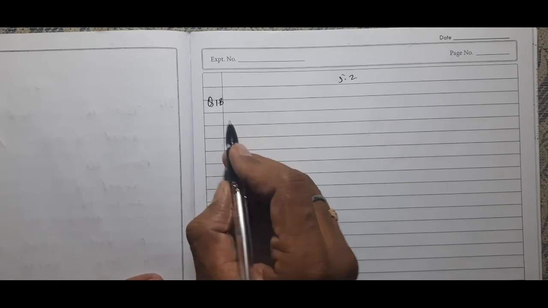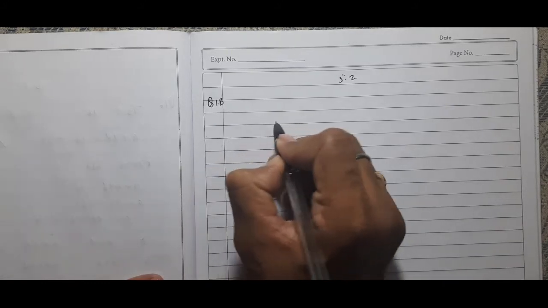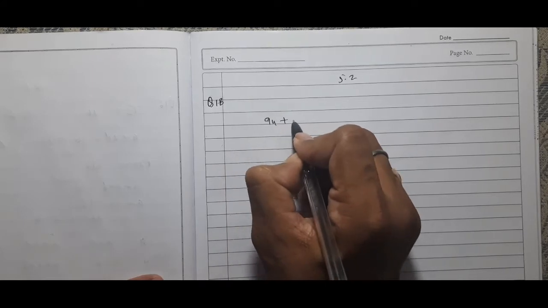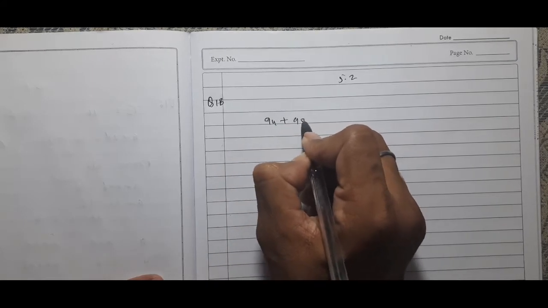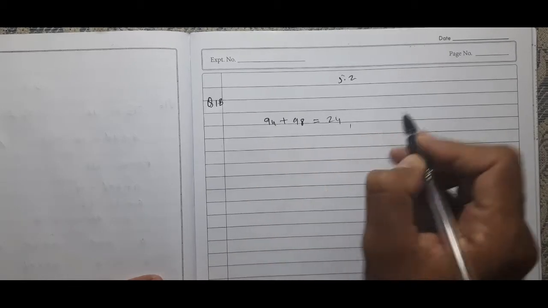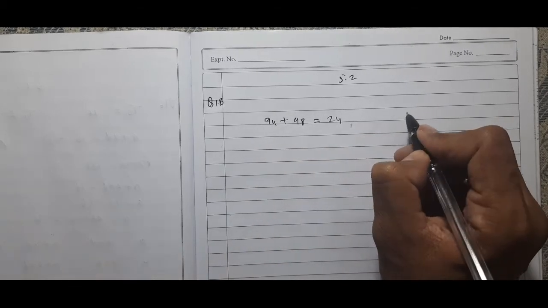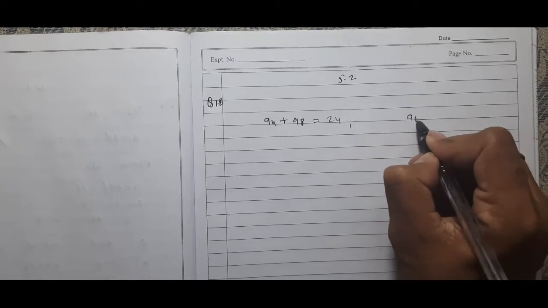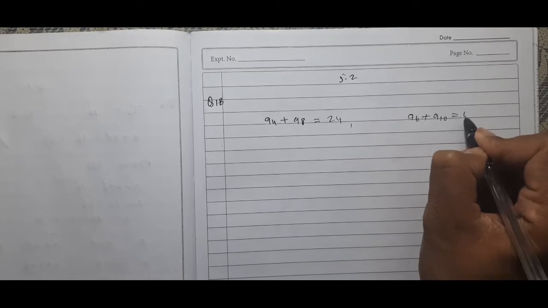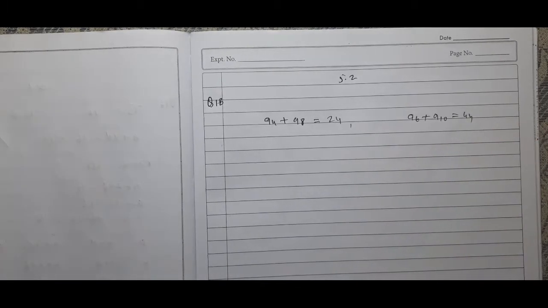Question number 18: first we have given the fourth term plus the eighth term. The sum of the fourth and eighth terms is 24 and the second is the sixth term plus the 10th term, which is 44. We have to find the AP.